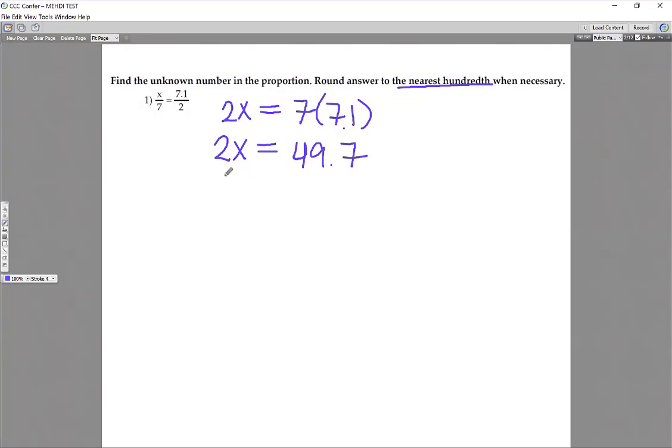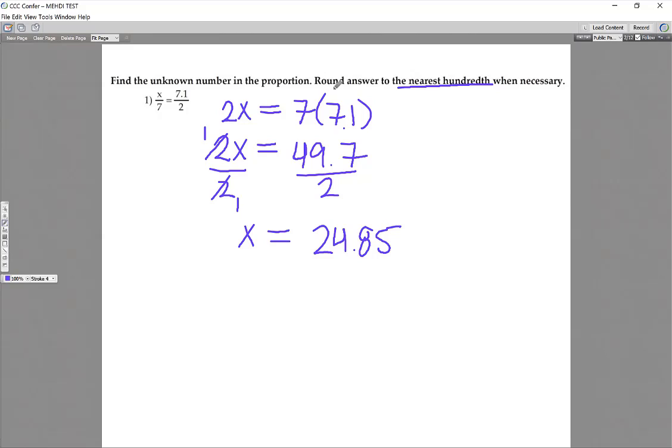And we're going to divide by 2 on both sides to isolate the variable x. The 2's will cancel out to be 1 and 1, and we're left with x equals. So 49.7 divided by 2 is exactly 24.85. And now we need to look back at the original instructions.